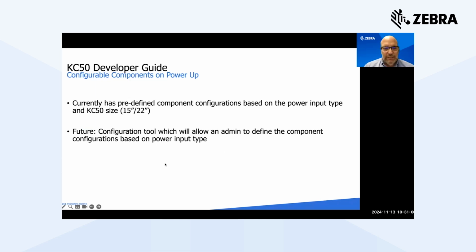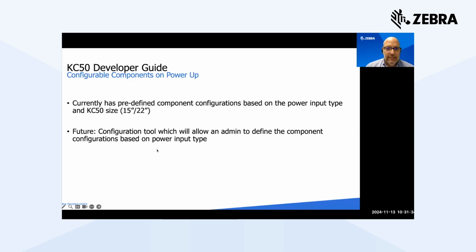Now, very soon we'll have the ability for a user or an administrator to configure the device to their specific use case, to turn those parameters on and off. So if you don't like how we have configured the default configurations, you can change them to accommodate your own specific use case.